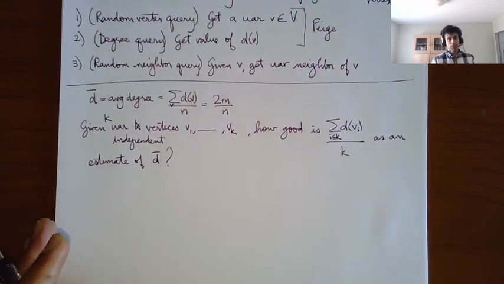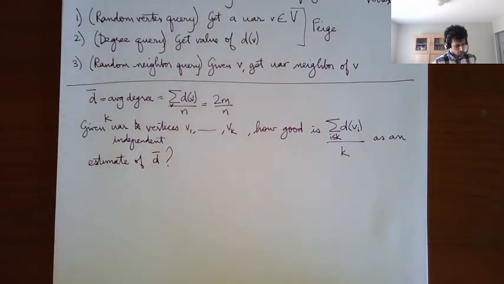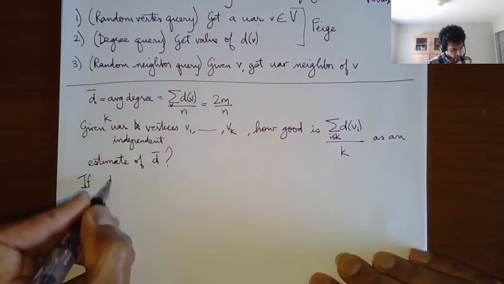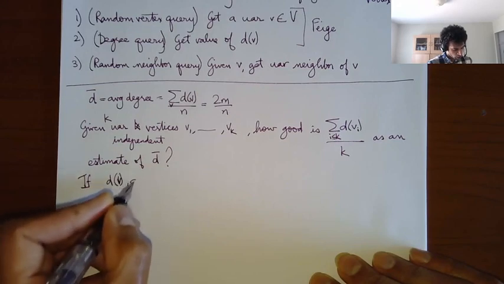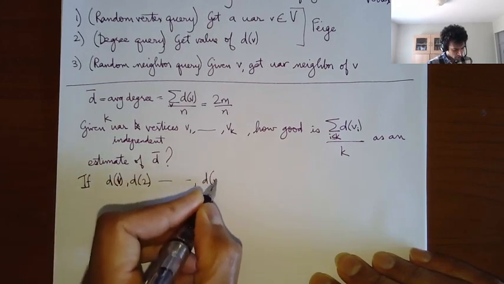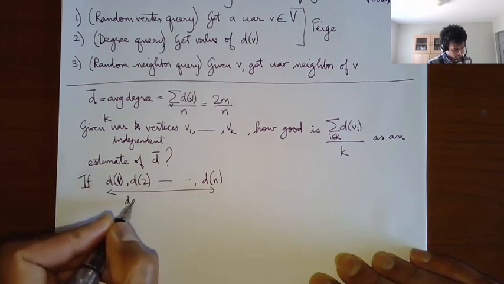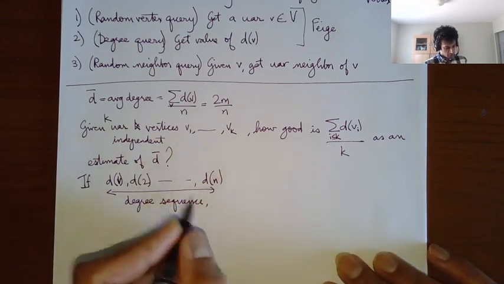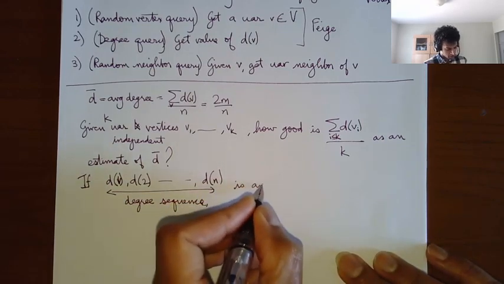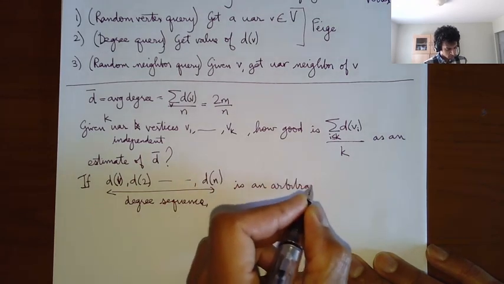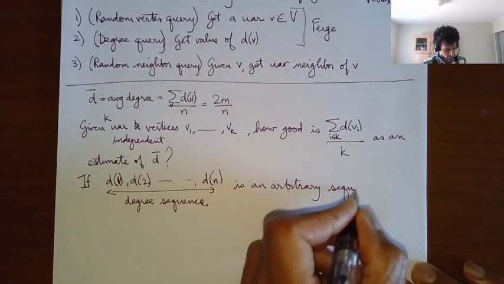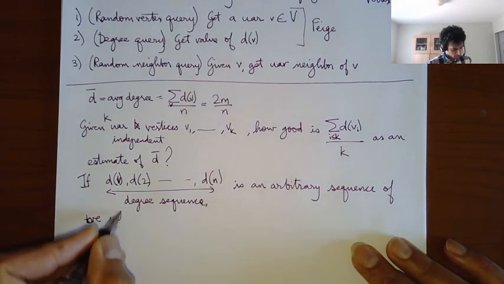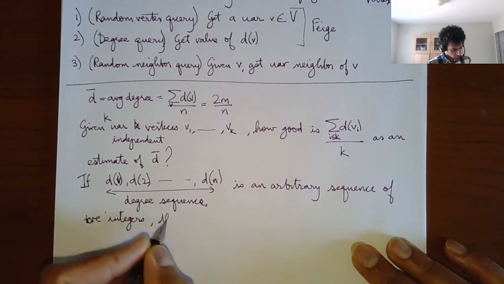Now, in general this seems sort of hopeless, because if d(1), d(2), ..., d(n), what I will call the degree sequence, is an arbitrary sequence of, let's say, positive integers, this problem is hopeless.